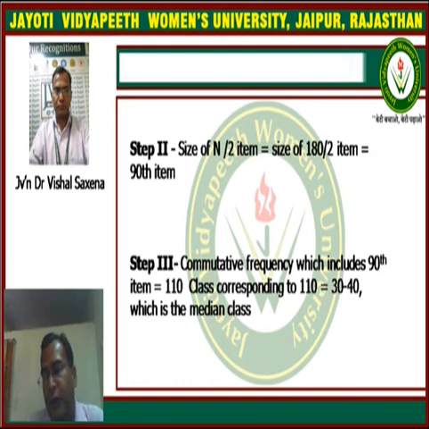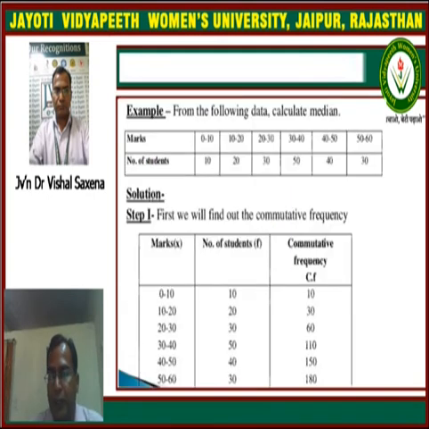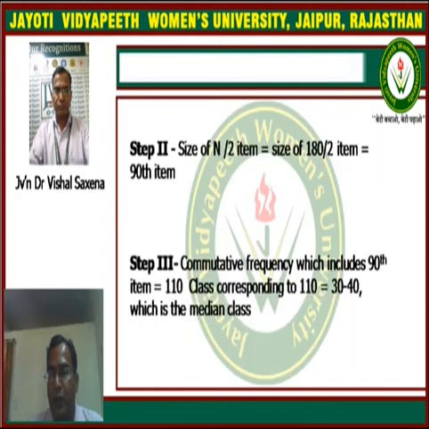First of all we have to find the size of the n by 2th item. What is n here? We can see n is 180. So 180 upon 2 is 90. So the size of the 90th item. Step 3: we look for the cumulative frequency which includes the 90th item.